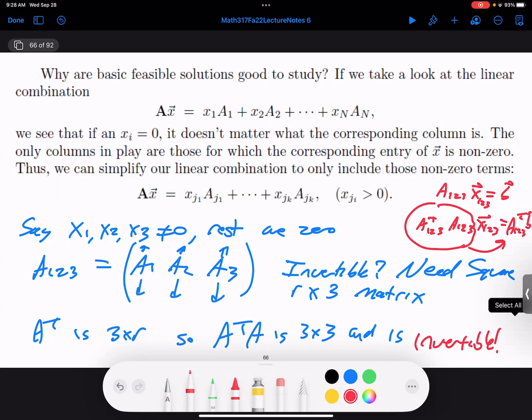I should be able to invert this matrix, but we still need B to be in the column space of A1,2,3. And so the question is, where are we using the fact that B has to be in the column space of this pruned matrix?